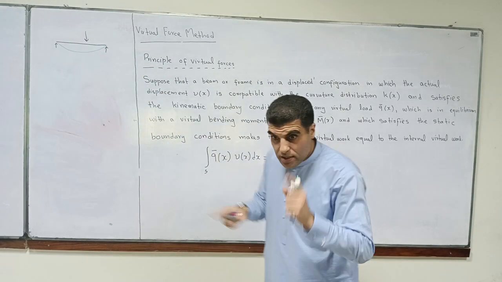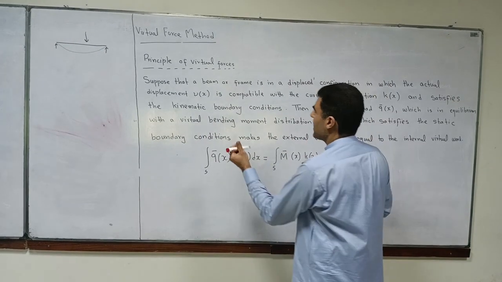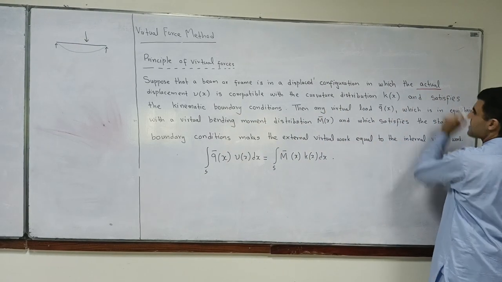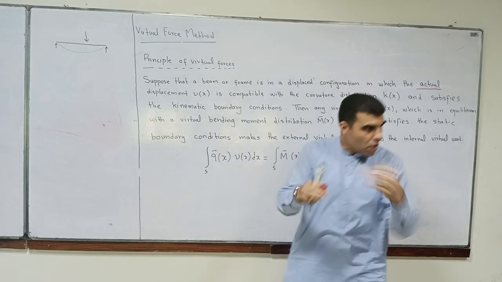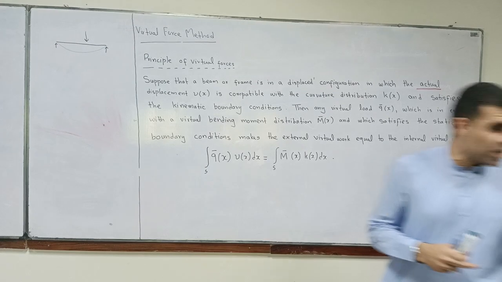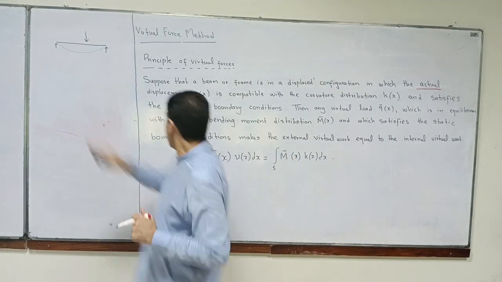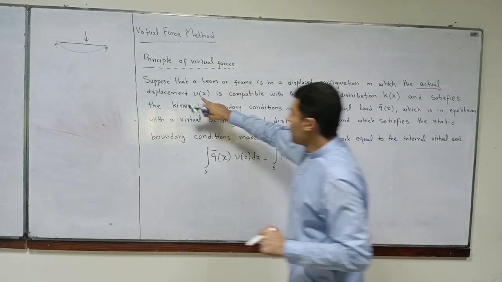In double integration method, we derived the whole equation of the elastic curve. So V of x is the equation of this curve. Actual. This is very important, guys. Let me underline it. In virtual work method, you will always be dealing with virtual and actual. We are talking about the actual structure which is given to you, and this is the actual displacement V of x.